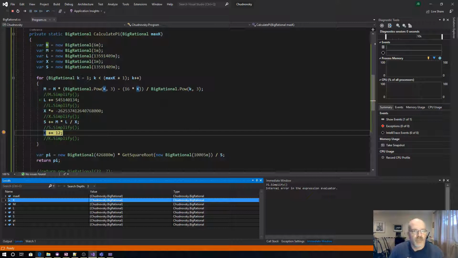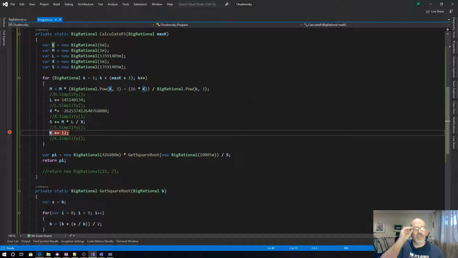Just another interesting observation: M and K are the only things, and K just keeps getting 12 added to it, and this just keeps getting 1 added to it, and M is just that. Kind of interesting. Anyway, fun little endeavor.